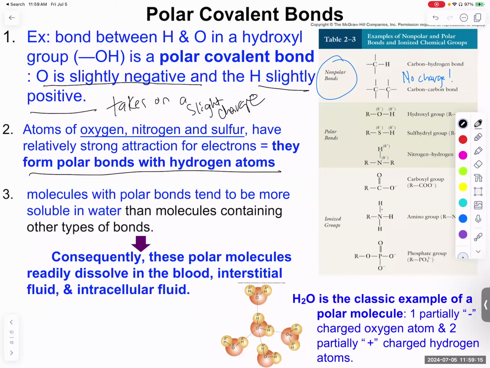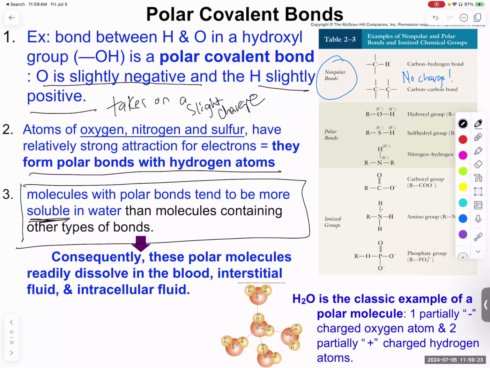Another thing that is really important is that molecules with polar bonds tend to be more soluble in water, meaning they can dissolve or exist in water. Now, a large part of our body is water.